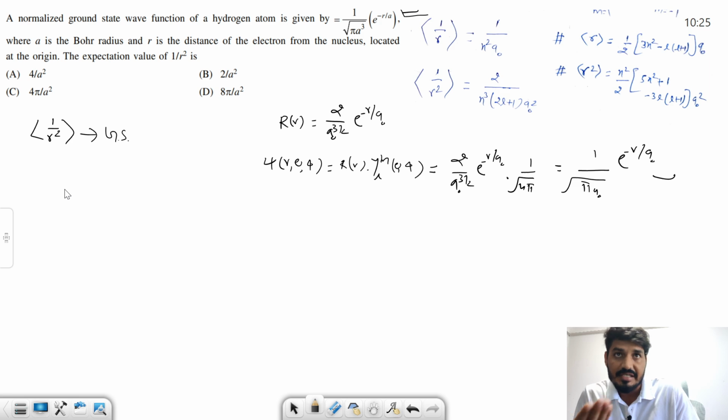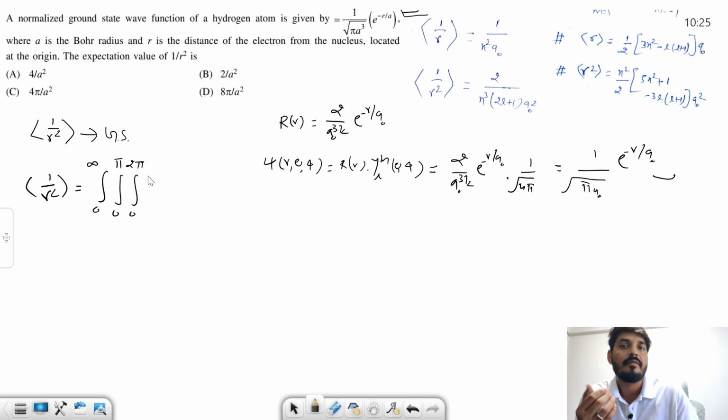Expectation value of any quantity, like we just did. So for this one I can say 1 by r square expectation value: integral 0 to infinity limit of r, then 0 to pi limit of theta, 0 to 2 pi limit of phi, right? And then this quantity is 1 by r square mod psi square.